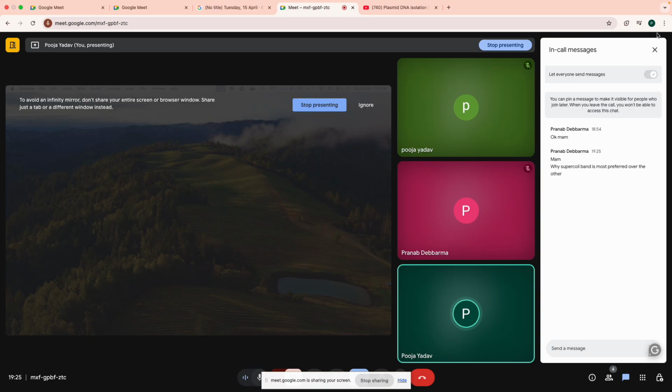The supercoiled band is more preferred because the supercoiled band is the more intact form of the plasmid. So if we have an open circular plasmid or a nicked plasmid, then it might be possible that denaturation of the plasmid has happened, and the renaturation did not occur properly.